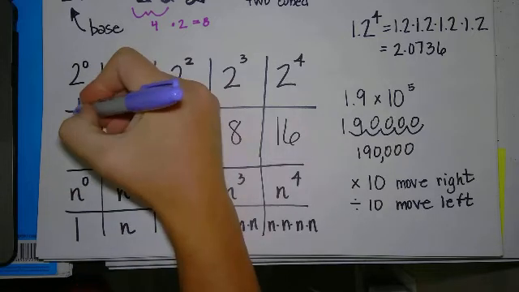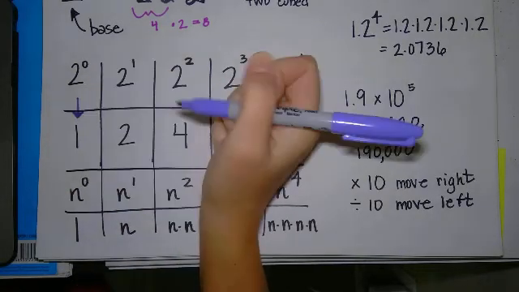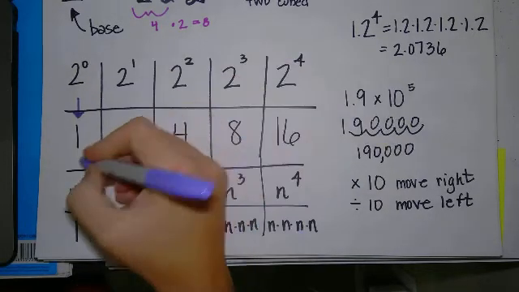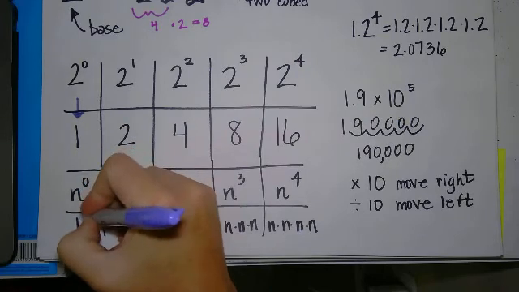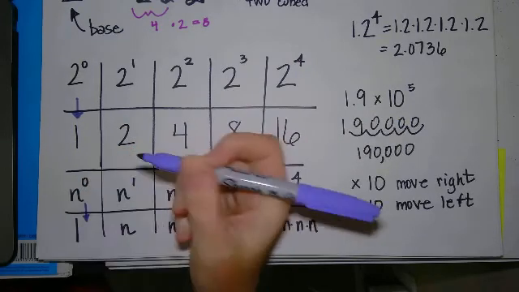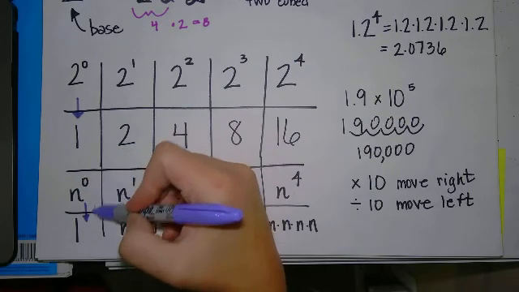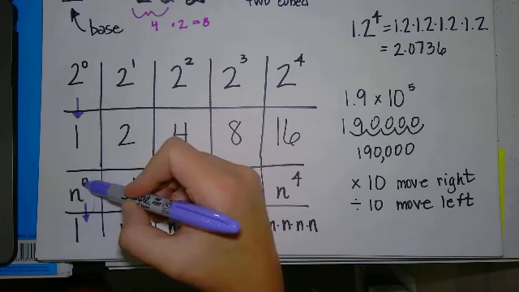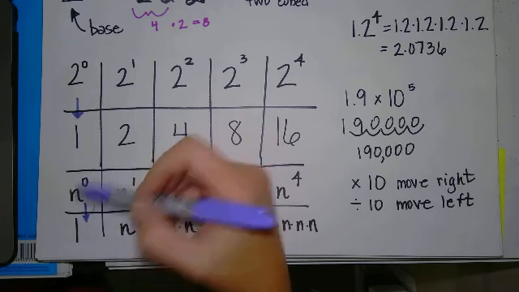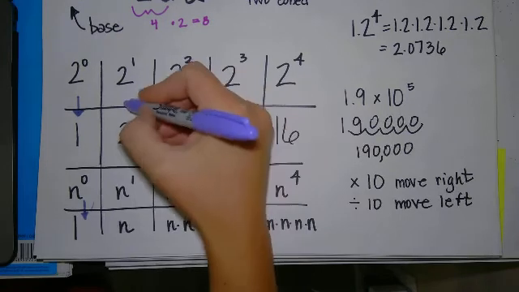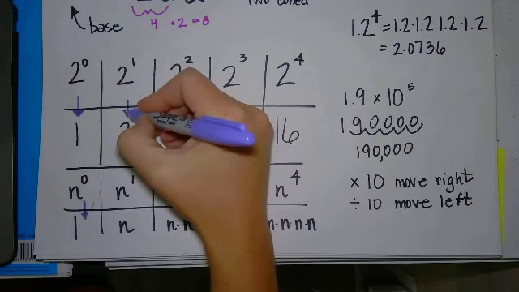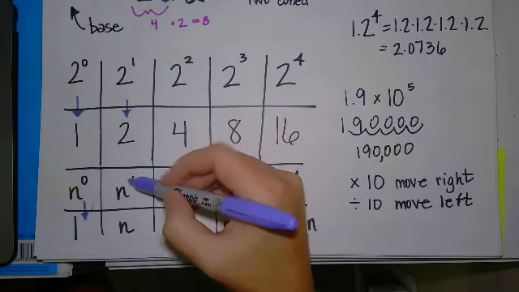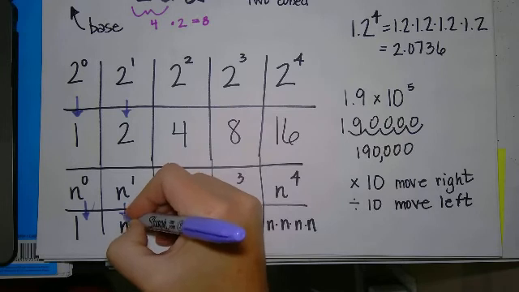So 2 to the 0 power is 1. And really, any number, or not really, but positively, absolutely, every number to the 0 power is 1. So n, which is going to represent any number, to the 0 power is 1. Well, 2 to the first power is 2. So that would tell us that any number to the first power is just that number.